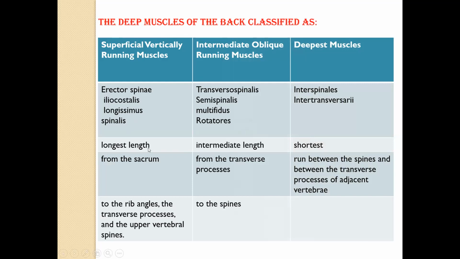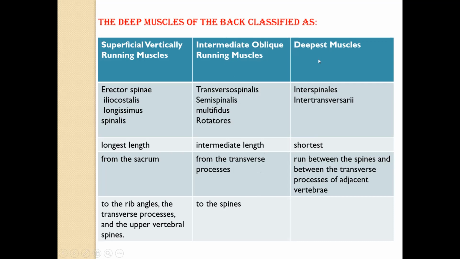They are the muscles with longest length, and they start from the sacrum and extend to the rib angles, the transverse processes, and the upper vertebral spines. And the second one is the intermediate oblique running muscles. They include transversospinalis, semispinalis, multifidus, and rotators. They have intermediate length. They start from the transverse processes and run to the spines.